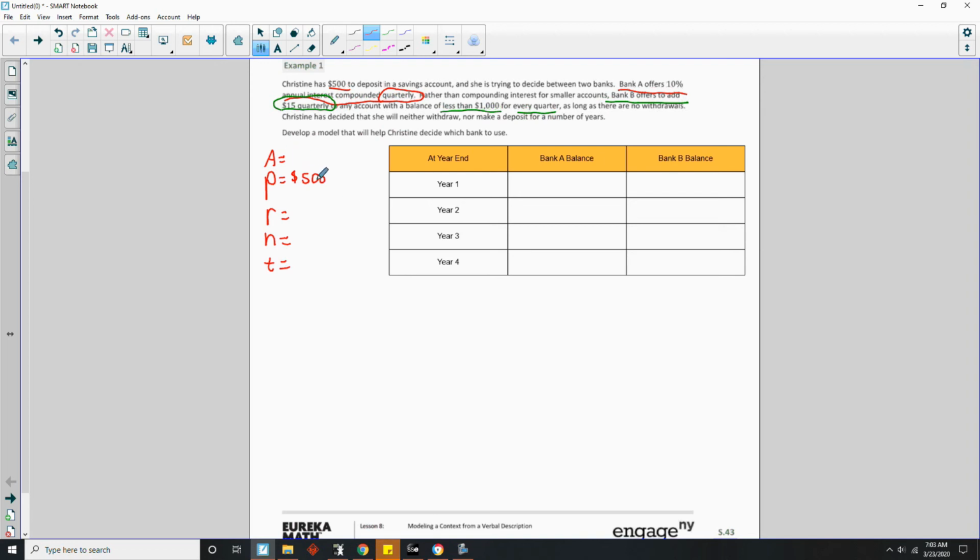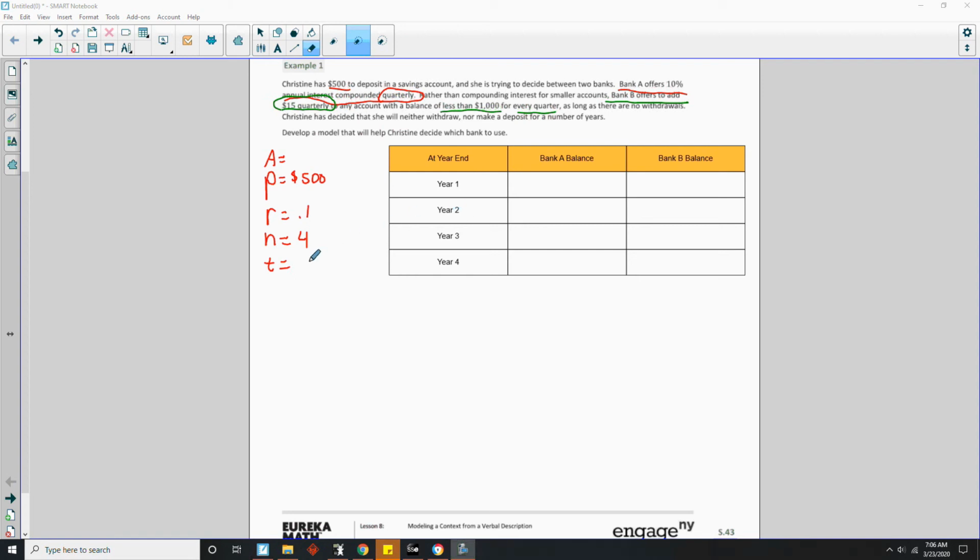We know P is 500, and we're going to do Bank A first. They're offering a 10% annual interest, so the interest rate is 10%, which is 0.1. And N is the number of times it's going to be compounded, and it's quarterly, so it's going to be compounded 4 times a year. Okay, so T is time. So for year 1, T is going to be 1.